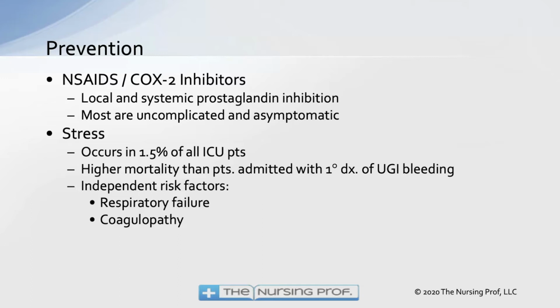Prostaglandin is helpful or necessary, in fact, to be able to maintain the inside lining of the stomach. Most of these are uncomplicated and asymptomatic. You just stop the NSAID or stop the COX-2 inhibitor, and then the GI distress or the GI bleed resolves.